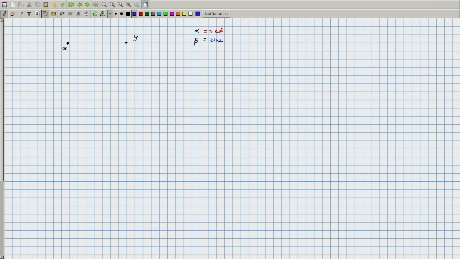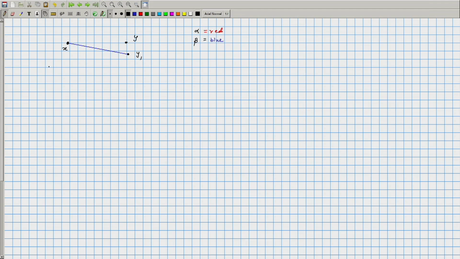Now, the red color was not used at x and the blue color should have been used at x. So let us look at the blue colored edge from x to the other side. That will go to some particular vertex which we will call y1. If you look at vertex y1, there are two situations.